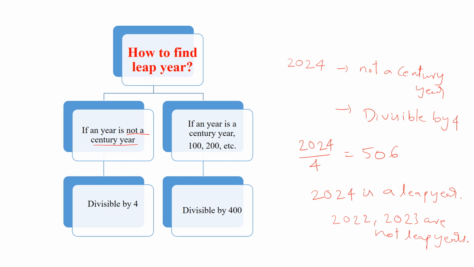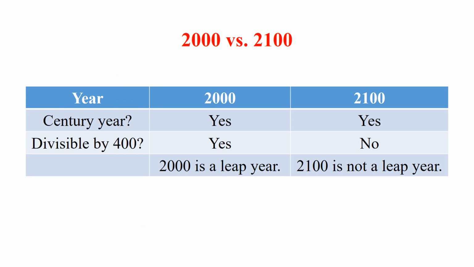If a year is a century year, then it must be divisible by 400, then only it will be a leap year. I repeat, if it is a century year, then it should be divisible by 400, then only it will be a leap year. In this slide, I will compare two century years, 2000 and 2100.